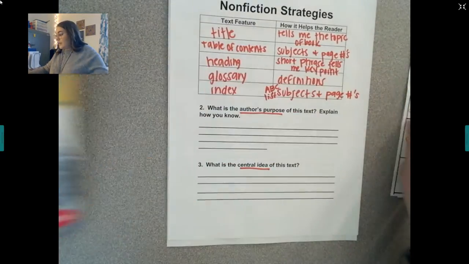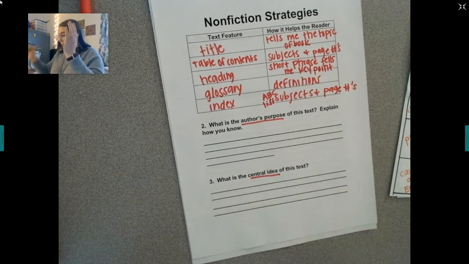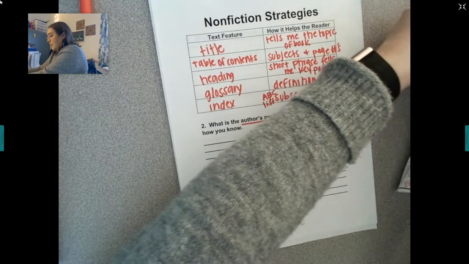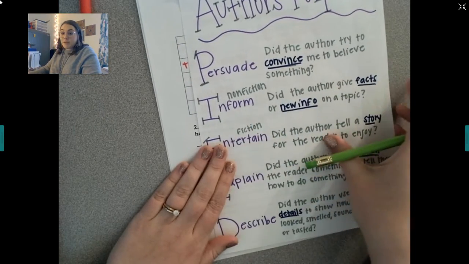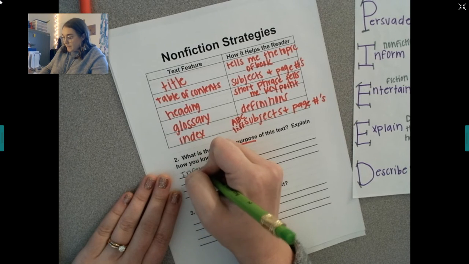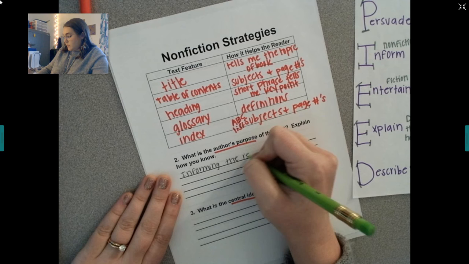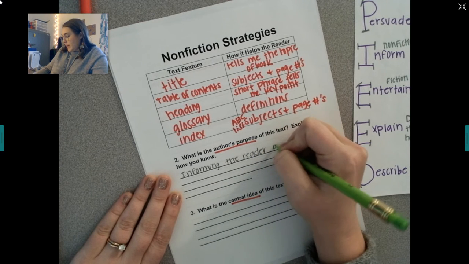All right, so yeah, all of the things that I said, I think are right. So let's start off with author's purpose. I do think it's informing the reader about snow.